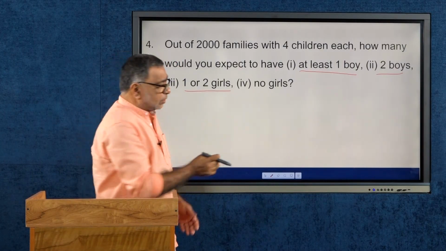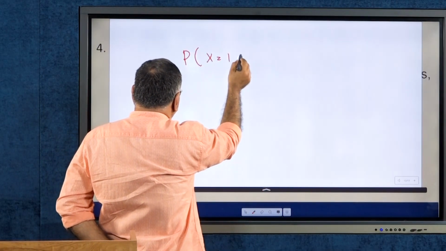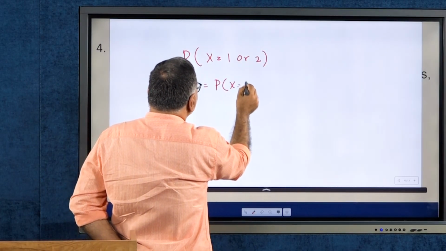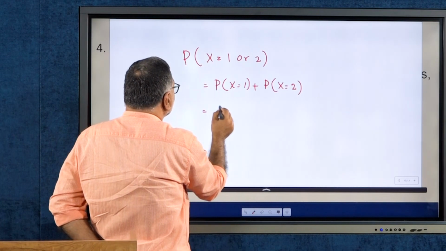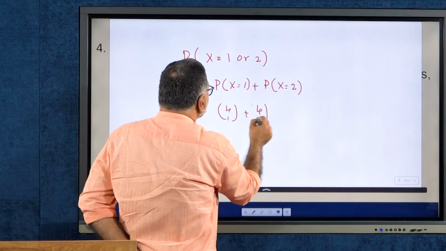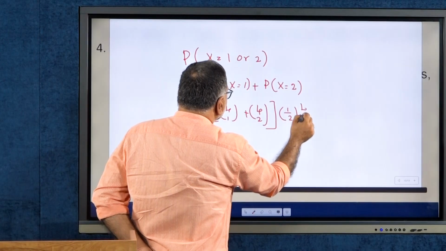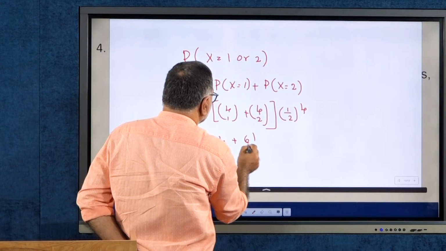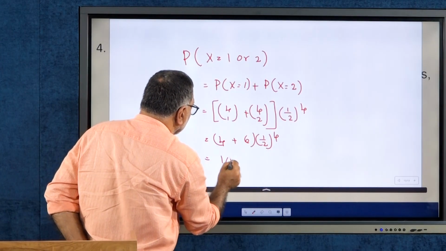That is the probability of x equal to 1 plus the probability of x equal to 2, which is 4C1 plus 4C2, with (1 by 2) to the power 4 common. So that is 4 plus 6, that is 10 into (1 by 2) to the power 4.